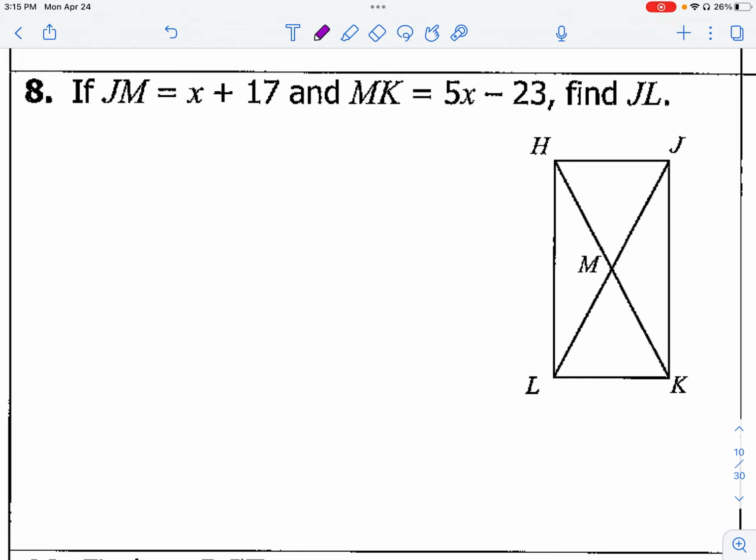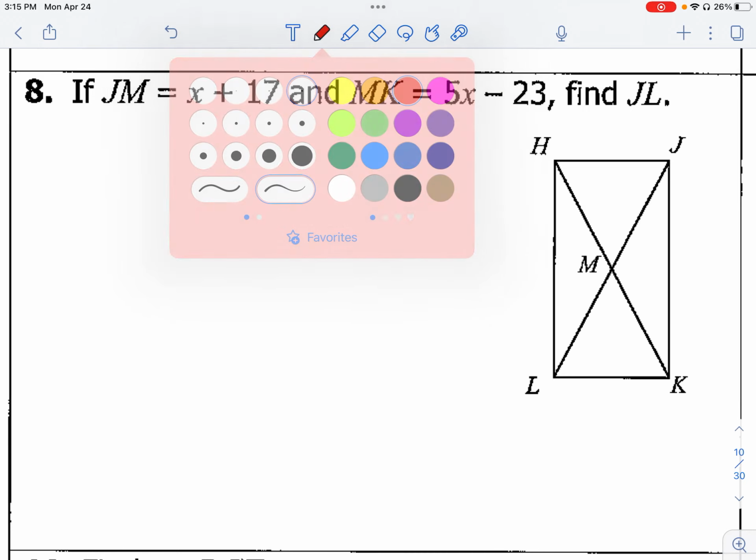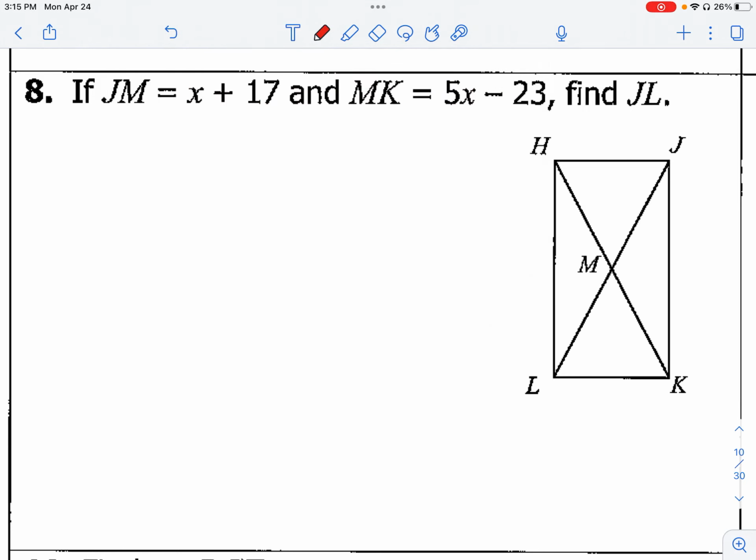All right. So JM, which is right here in the red, and that's x plus 17. And MK, which is half.